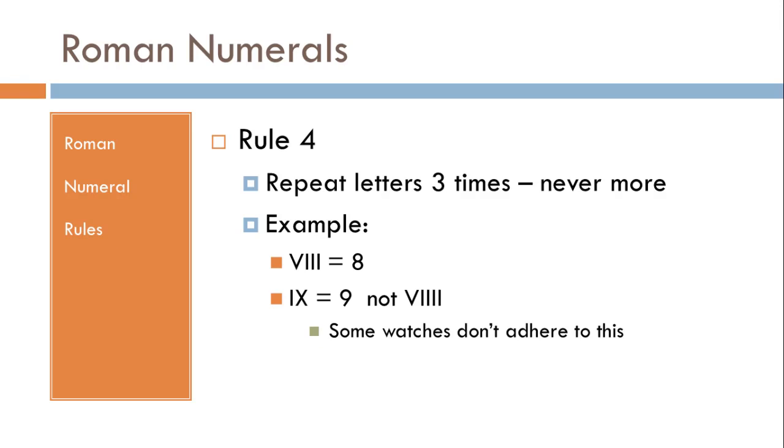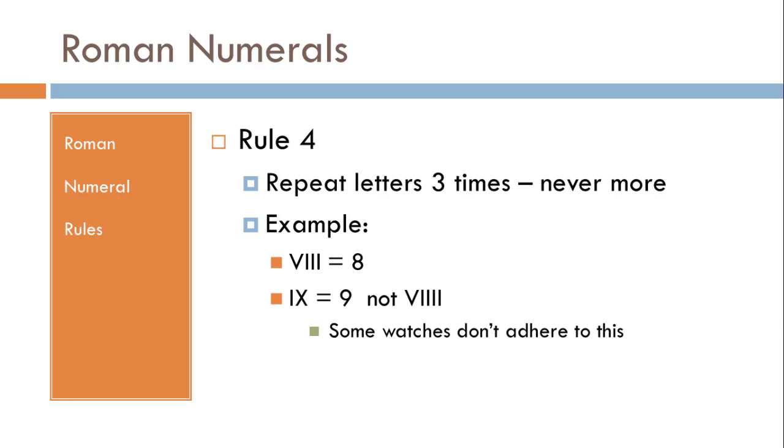Sometimes they'll actually put 4 slashes on there instead of IV. Why do they do that? I don't know. It's just watch tradition, I guess. But some watches don't adhere to that. I see more and more actually putting the IV on there. Someone that's a watch aficionado out there maybe could answer that for the class. So not sure exactly why they do that. But VIII is 8, IX is 9.